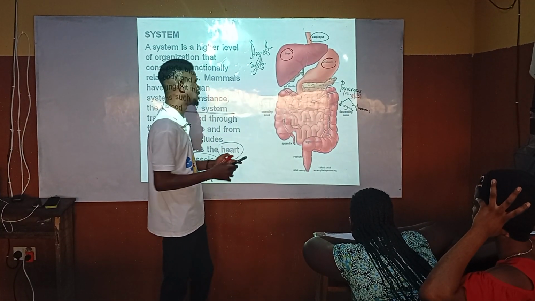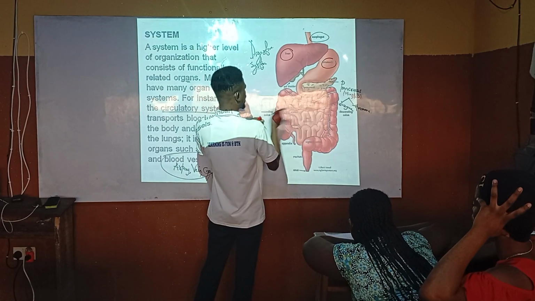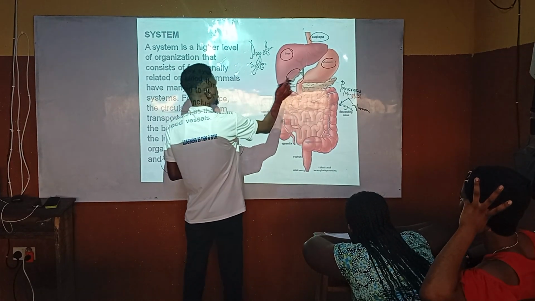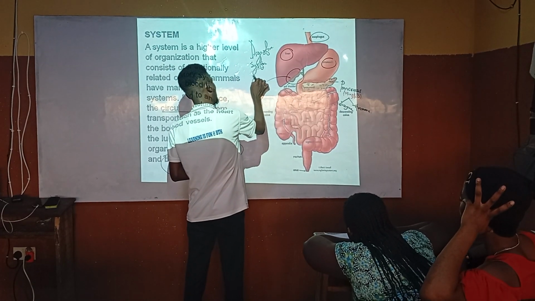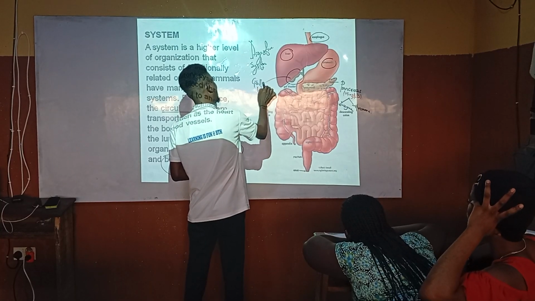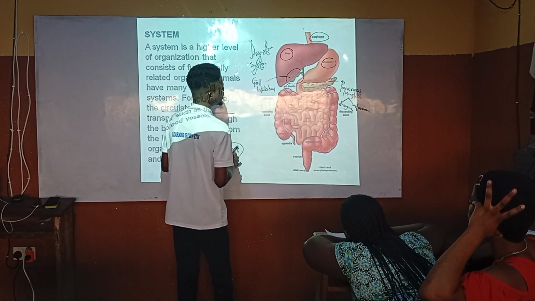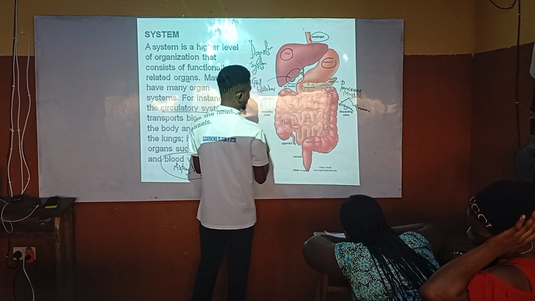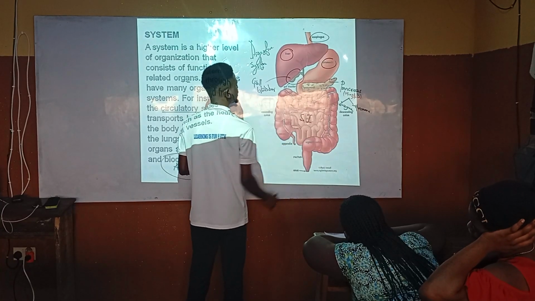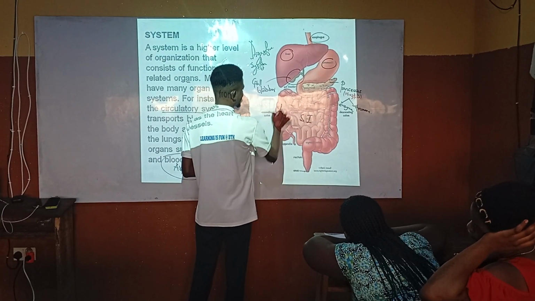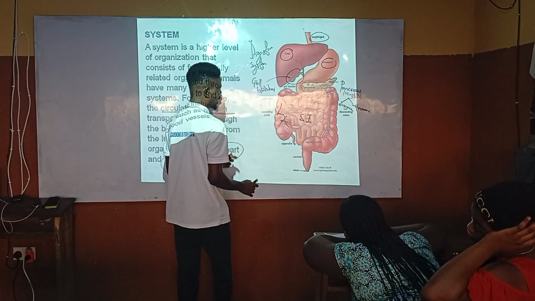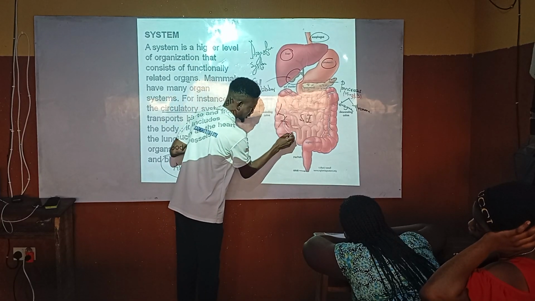Alright? Then you can see the gallbladder here. This one stores bile. Gallbladder stores bile. Okay? Then we have the small intestine. Then we have the large intestine. Now look at this part of the large intestine.